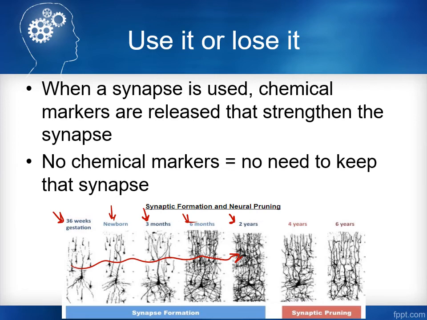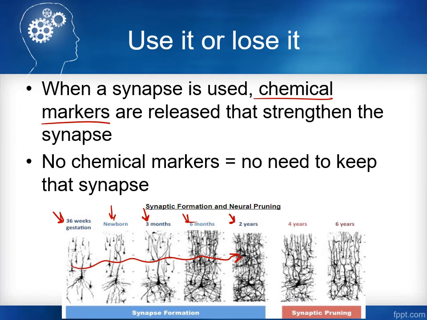But here's the crazy thing, which is both bad and good. So when a synapse is being used, when we are teaching our kiddos how to count, how to speak, how to hold a crayon, chemical markers are going to be released. Those neurotransmitters are going to be released, going to strengthen and stabilize the synapse.